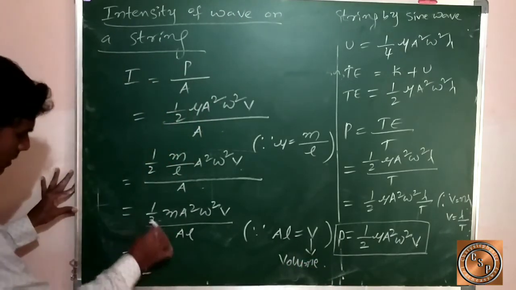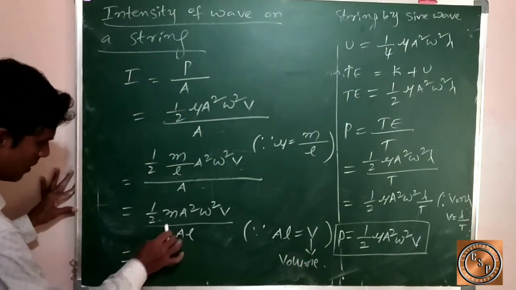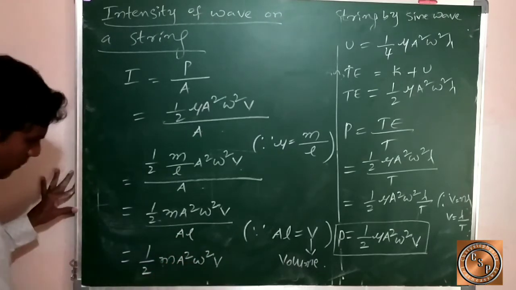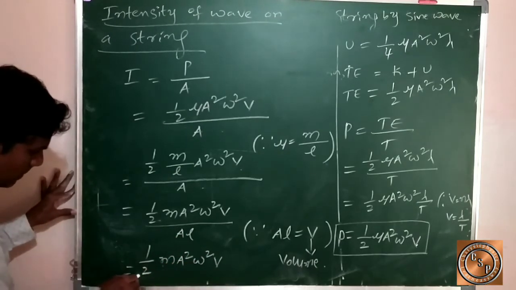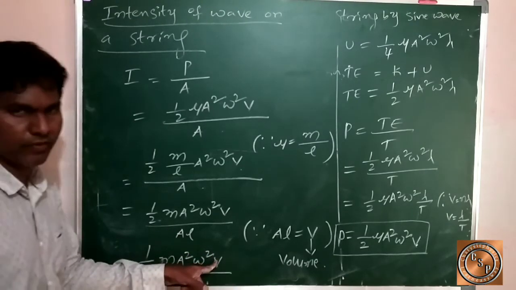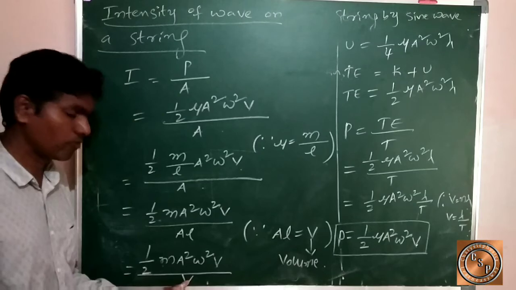Here is volume. Now half into m a square omega square V divided by volume. This small v is velocity, and this is volume.